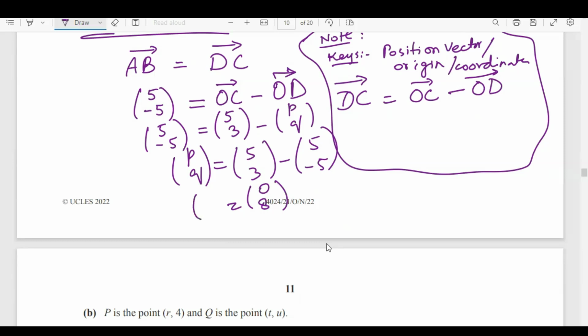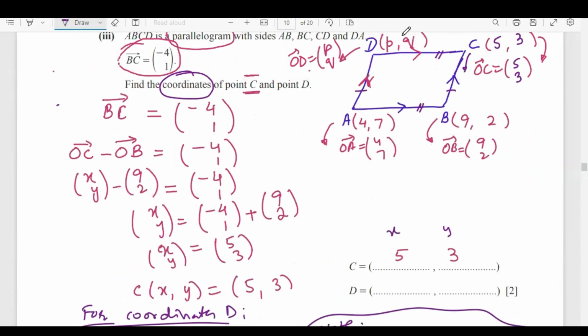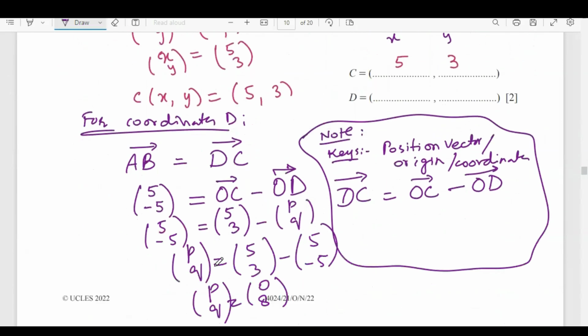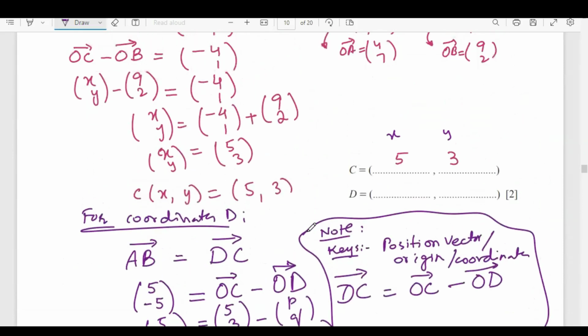So P comma Q is the x coordinate and y coordinate of D. The value of P is 0 and Q is 8. So D is 0 comma 8.